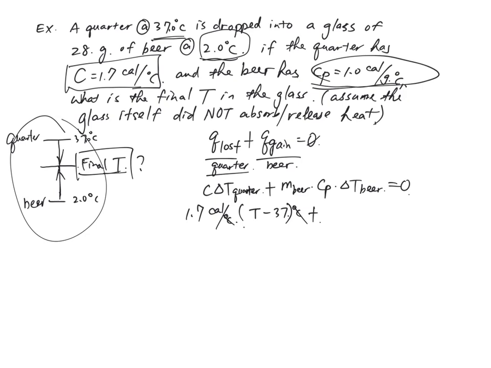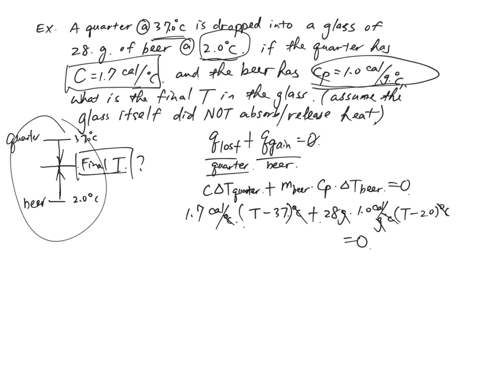Then M Cp delta T: 28 grams of beer, times 1.0 calorie per gram per degree Celsius. Grams cancel. Delta T of the beer is final temperature minus the initial temperature of the beer, 2.0 degrees Celsius. Of course, degrees Celsius cancel, and you have calories. These two things together equal 0.